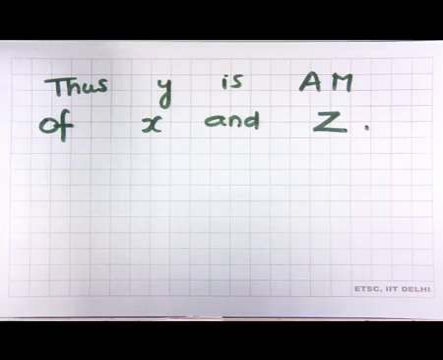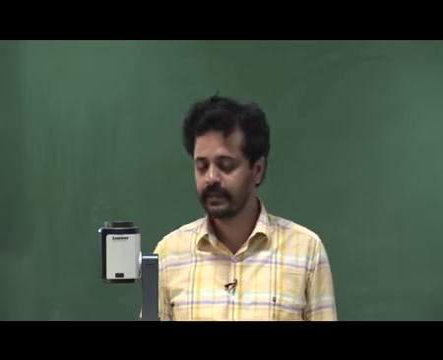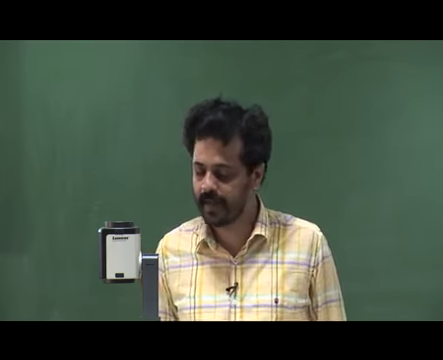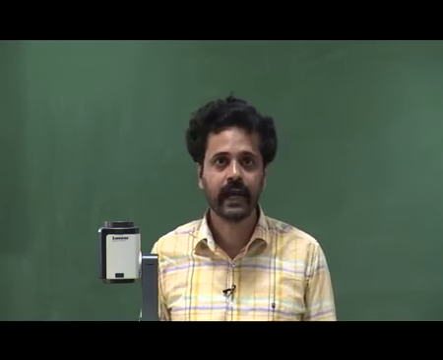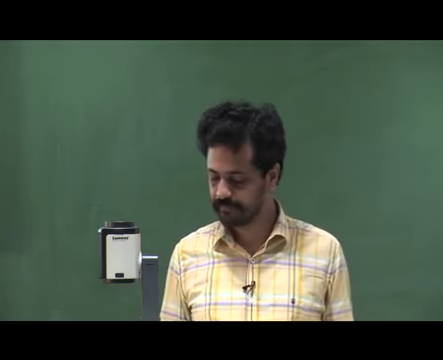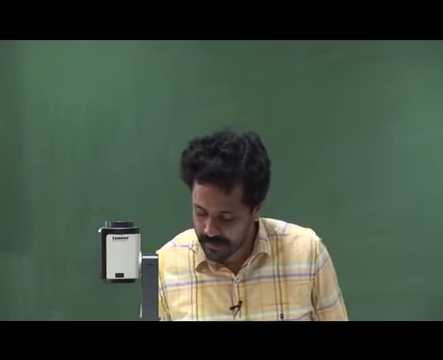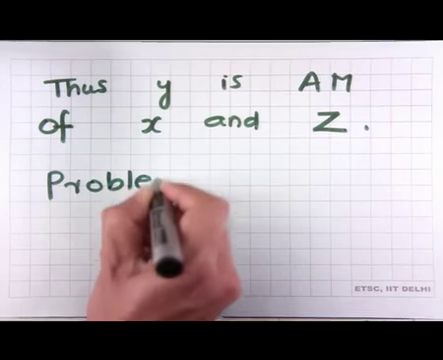Which is same as saying x, y and z are 3 consecutive terms of an arithmetic progression. This fact we have established in our theory lectures. Let us continue with our next problem.